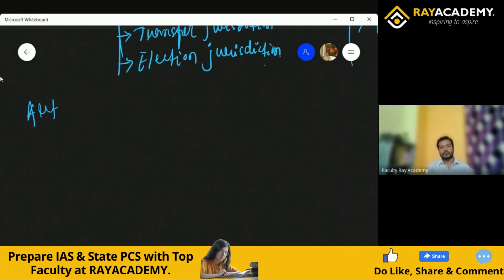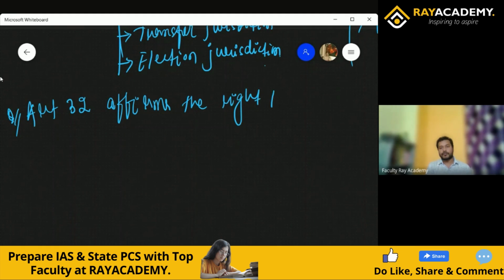Article 32, mains question: Article 32 affirms the right to move the Supreme Court.